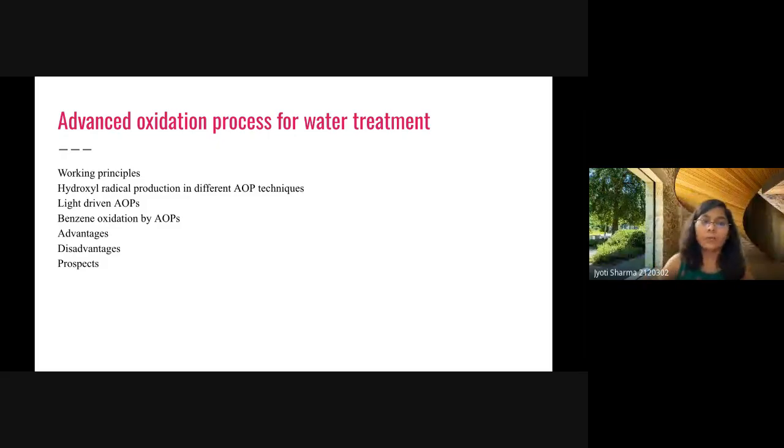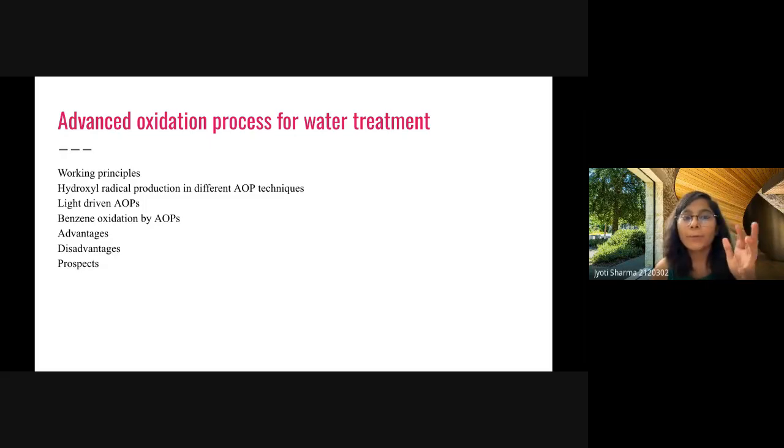So the working principle is we will use some oxidant. The very strong and dangerous oxidant that we have is the hydroxyl radical, OH, and we will use that in different AOP, that is advanced oxidation process.